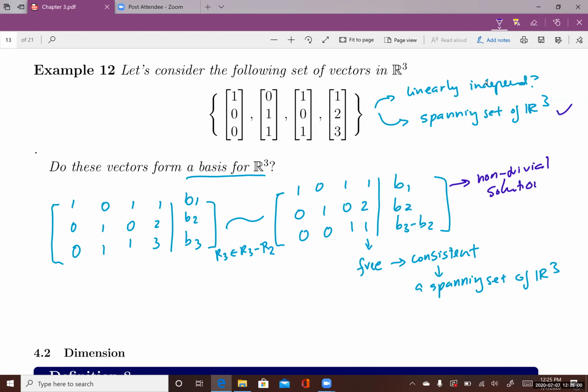If you have a non-trivial solution, that means this matrix here, I said this is matrix A, so matrix A is singular. If matrix A is singular, that means the set of vectors here, the column vectors, are linearly dependent.